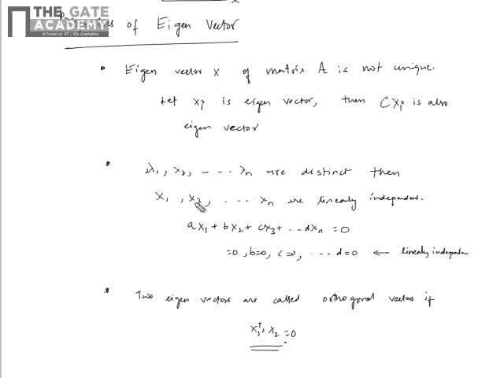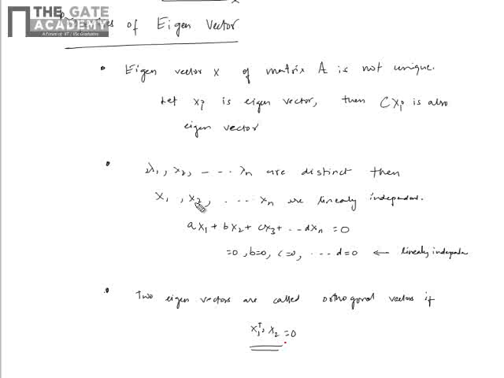The basic properties for eigenvalues are important: the sum of the eigenvalues is equal to the sum of the diagonal elements, and the product of the eigenvalues of a matrix is equal to the determinant of the matrix. And then A and A transpose, and if a matrix is orthogonal, that is A A transpose is I, how the eigenvalues are related. Just these 3 or 4 important properties for eigenvalues.